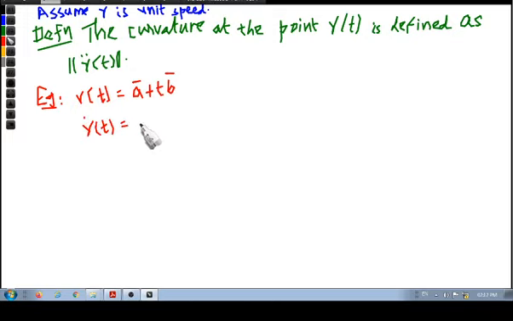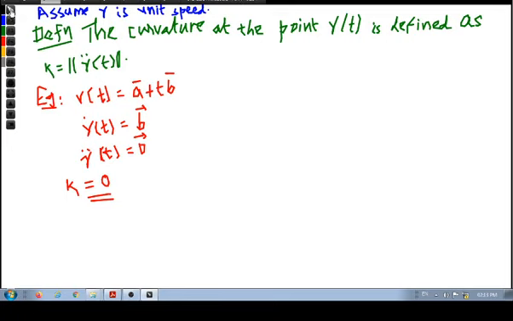Gamma dot of t is the vector b, and gamma double dot of t is the zero vector. Curvature is denoted by the letter kappa. So what is kappa? It is the norm of 0, which is equal to 0. So the curvature of a straight line is 0.